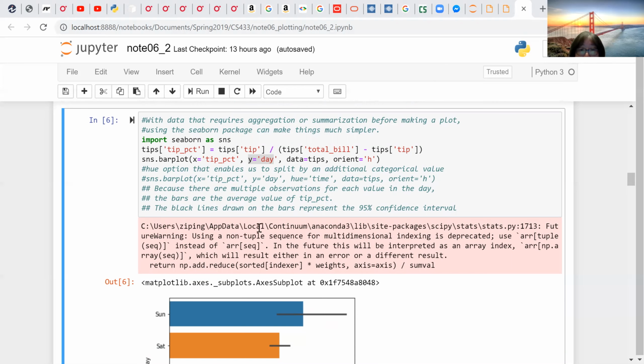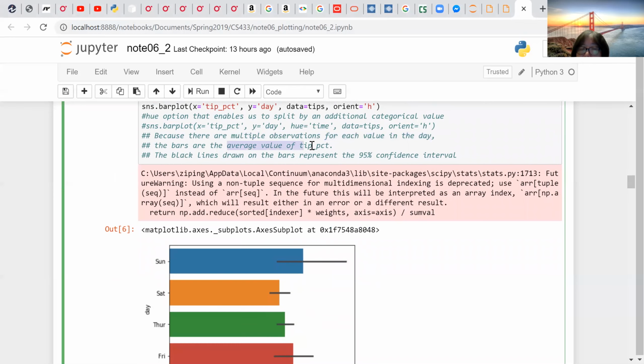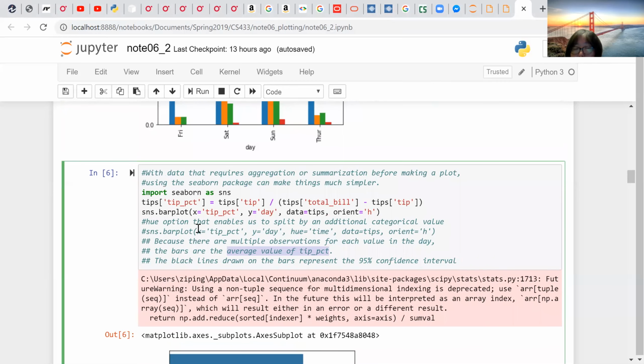The original data gives multiple observations for each value of the day, but here the bar shows the average value of the tip percentage. So you need to be careful when you use Seaborn's bar plotting. If you have multiple observations, what it gives you is going to be the average unless you specify otherwise.